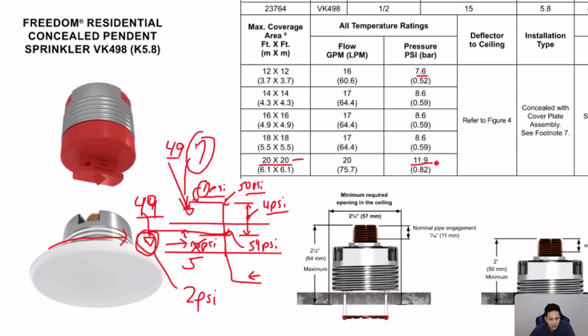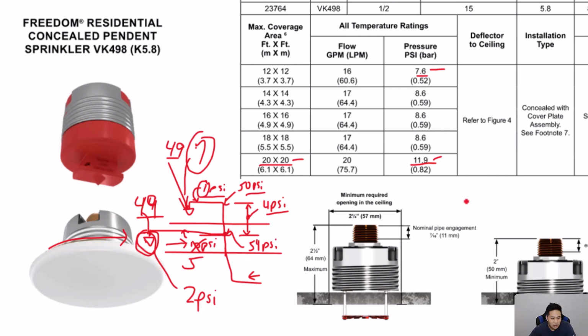Then you need a minimum pressure of 11.9 at this sprinkler head here. So in that case, this one would be the most hydraulically demanding sprinkler head that you would use, because basically it's the difference between 11.9 and 7.6. So you have a difference of 4.3 psi.